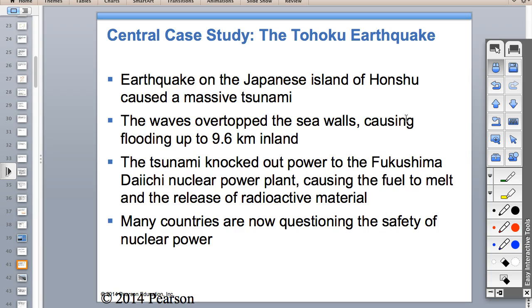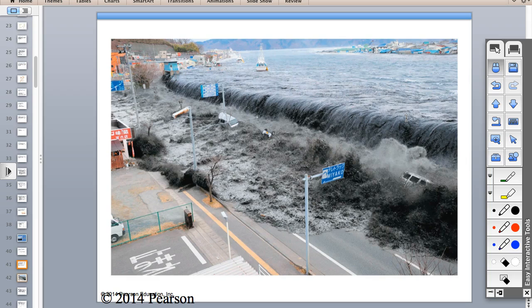Because I like to do a whole unit on plate tectonics and mining because it all ties in together. So anyway, it knocked the power out, and it made a lot of countries question the safety of nuclear power. They used this as the case study for this chapter because it dealt with atoms and energy. So anyway, huge tsunami.